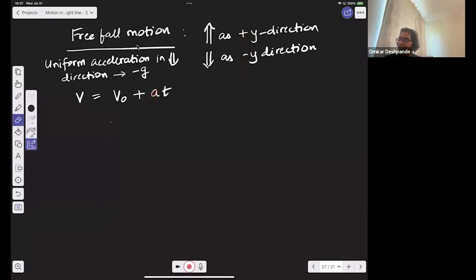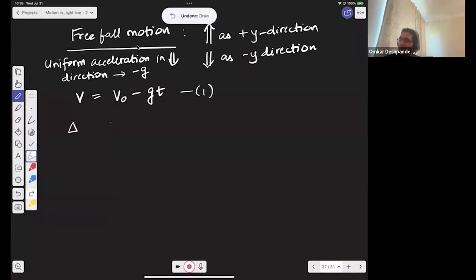So we can replace a by minus g in all the equations. This would be the first equation. The second equation would be delta y instead of delta x.